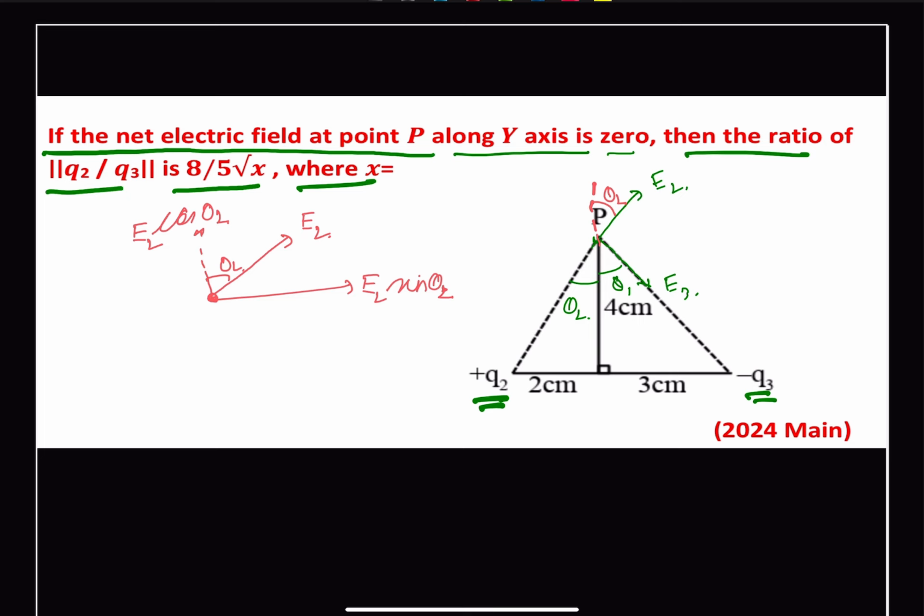Similarly, we have our E3, and the angle here is theta 1, so this comes as E3 cos of theta 1, and here we are going to have E3 sine of theta 1, but it is given that along y-axis the electric field is 0.